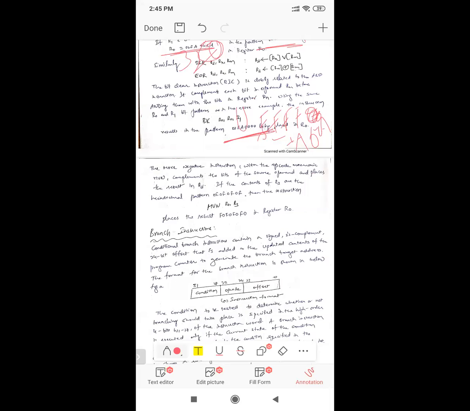And the last instruction, MVN, is called the move negative instruction. The mnemonic is MVN, move negative. It is similar to the negative instruction, that is 2's complement. It complements the bits of the source operand and places the result in Rd.